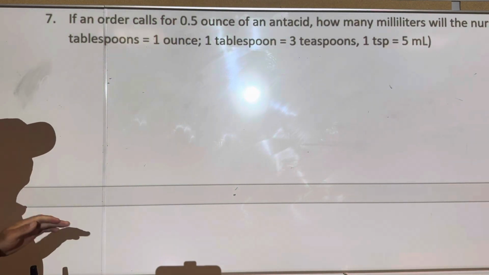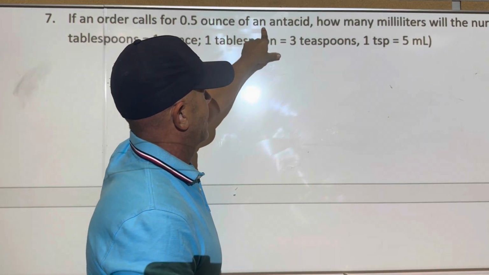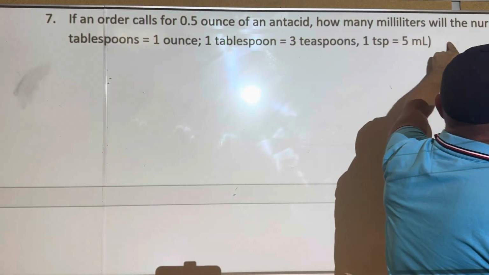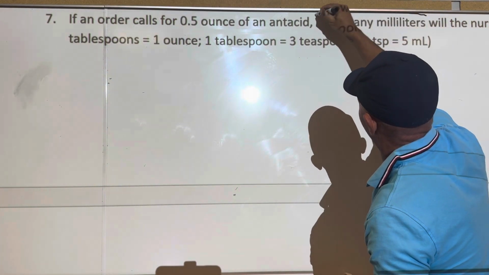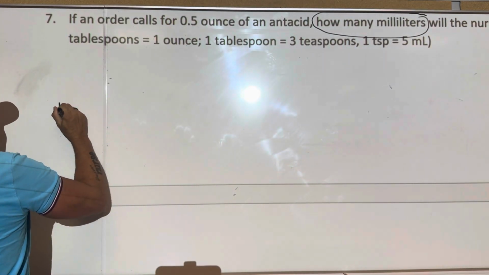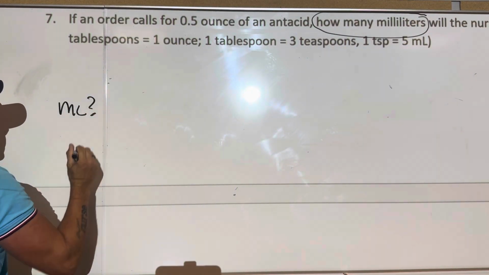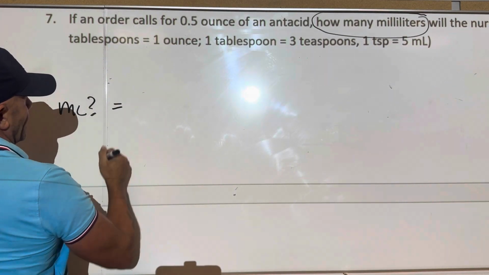All right, so if an order calls for 0.5 ounces of antacid, how many mLs will the nurse prepare? So what are they looking for? What is the measurement we're looking for? We're looking for milliliters because it says how many milliliters. That's what we're looking for. So we're going to go over here and write mL question mark because that's what we're looking for. So how do we start our equation again?